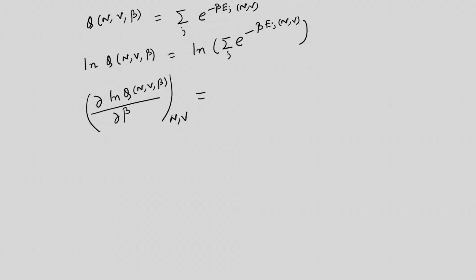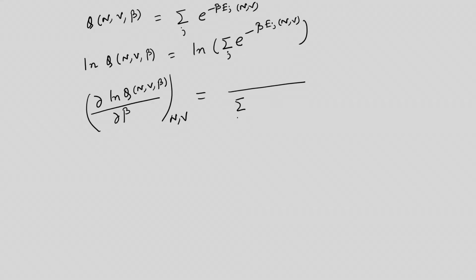What do we get? So, we are differentiating ln Q with respect to beta. In the denominator we will have sum over j e to the minus beta Ej, and in the numerator we have sum over j e to the minus beta Ej times minus Ej.